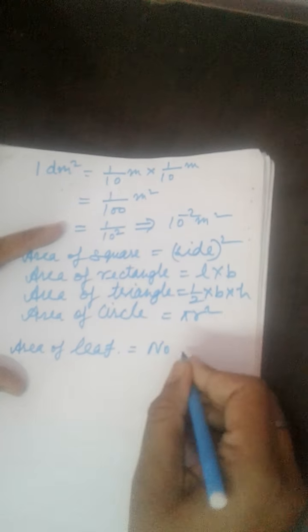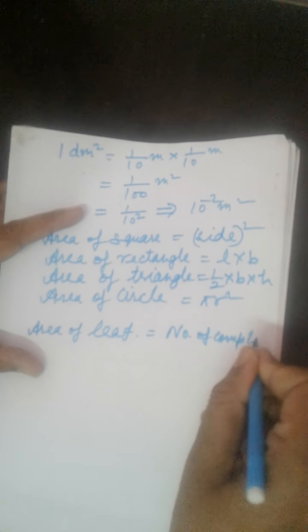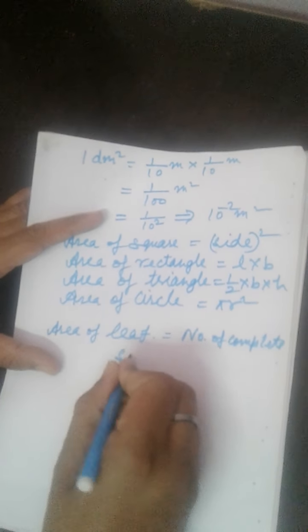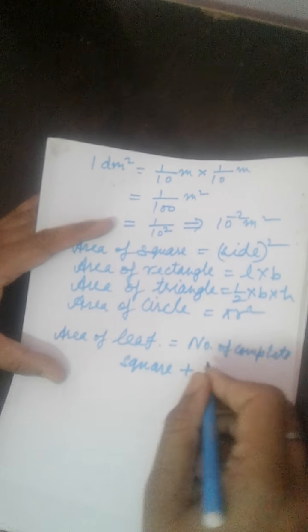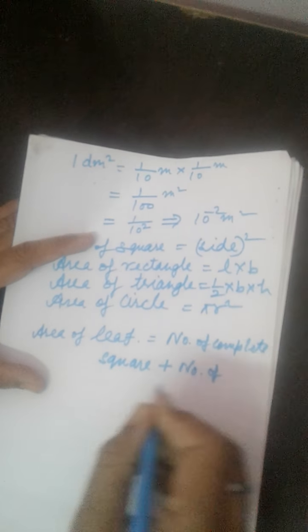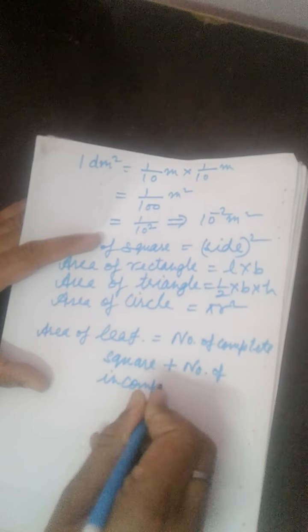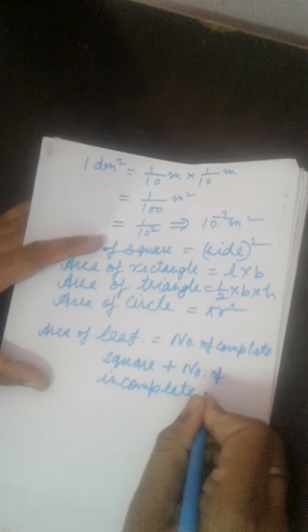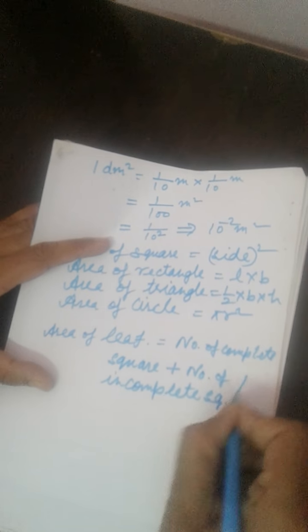Number of complete squares plus number of incomplete squares divided by 2.